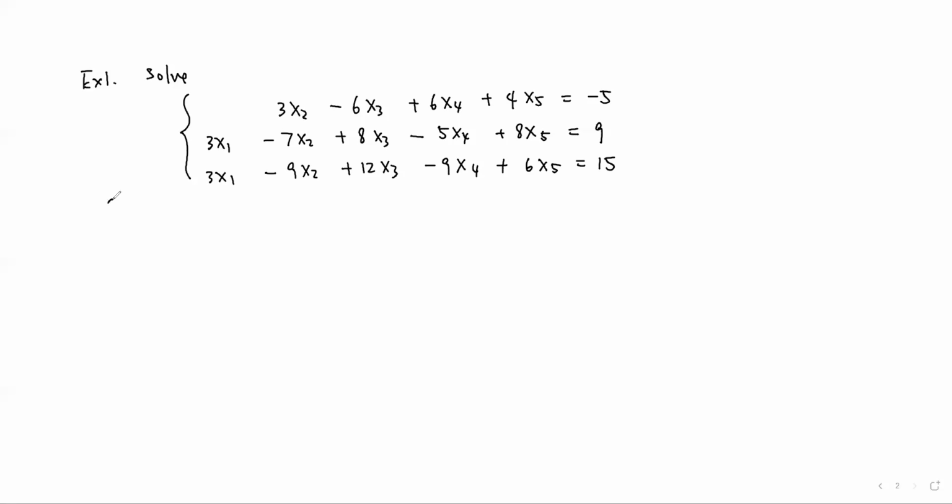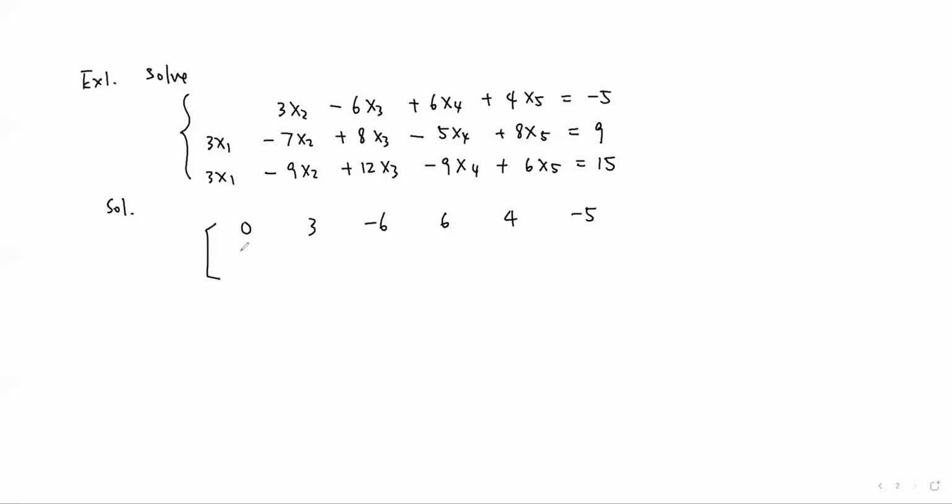Now I work on the augmented matrix rather than on the equations. In the augmented matrix, the first row corresponds to the first equation. The first equation coefficients are 0, 3, -6, 6, 4, then -5.